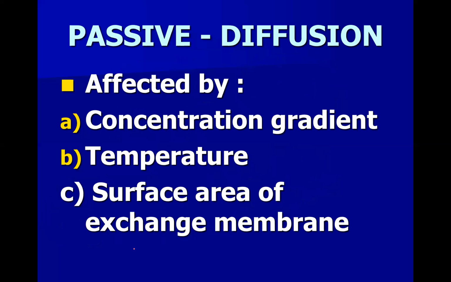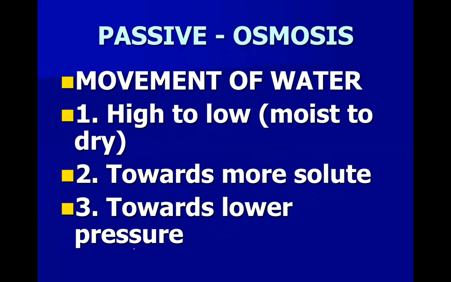Now, osmosis is specifically the diffusion of water, but it's not just affected by concentration. In other words, moving from a high concentration to a low concentration is a factor, but it's not the only factor. It will also move to an area of lower pressure, so you can literally force water by using pressure.